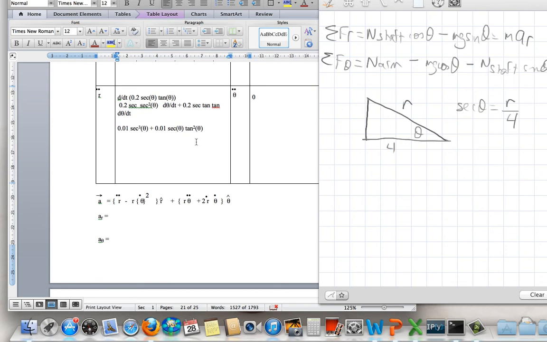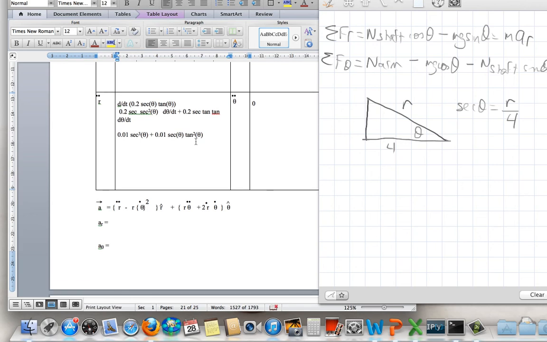Okay? And what we get then for the radial acceleration, which is this first term here, when we substitute in our 30-degree angle, we should get 0.00770.